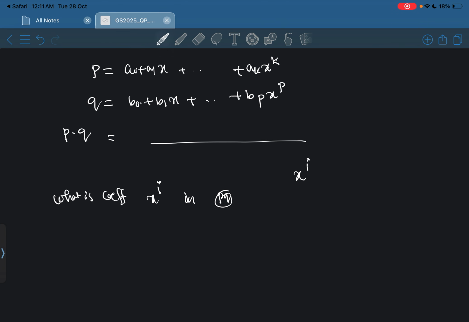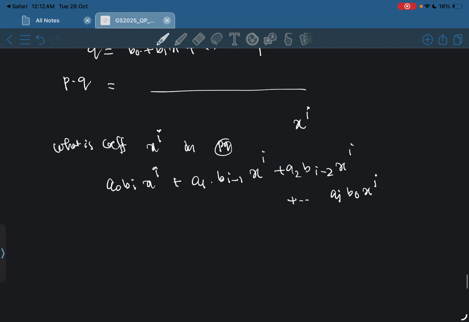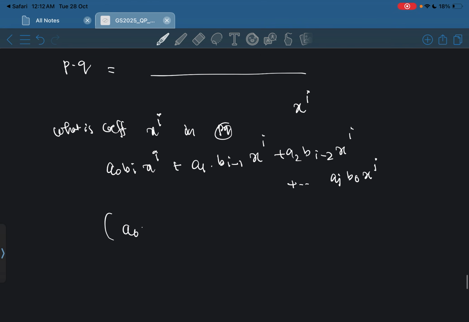So this is basically a0 bi x to the i plus a1 b(i minus 1) x to the power i plus a2 b(i minus 2) x to the power i, up to plus ai b0 x to the power i. This is the term, right?